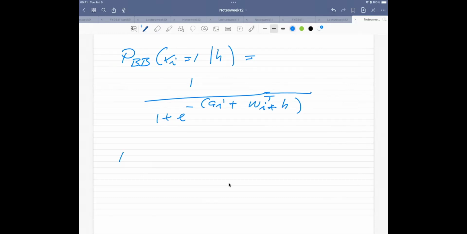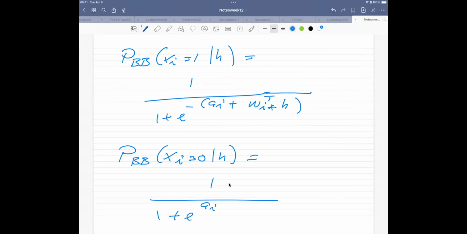Similarly, the probability of xi equal to 0, given h, is simply 1 divided by 1 plus e to the ai plus wi transpose multiplied with h. These are the expressions which we need to set up in the code.